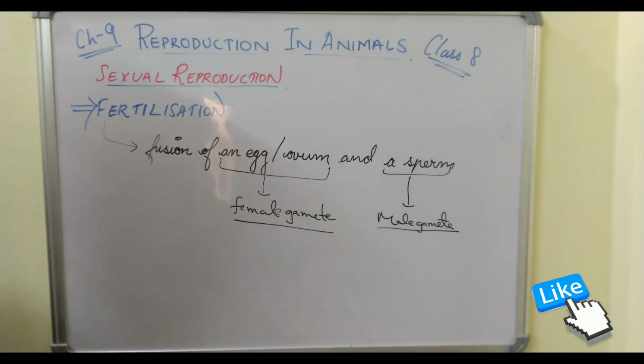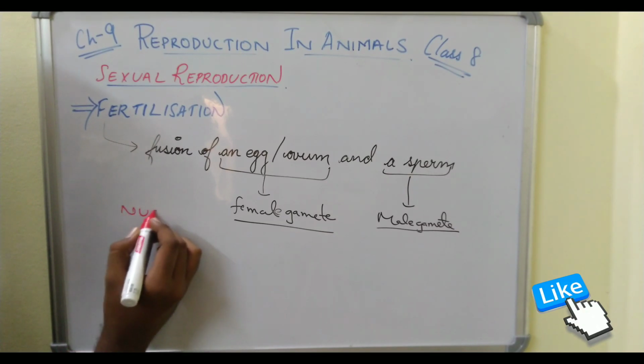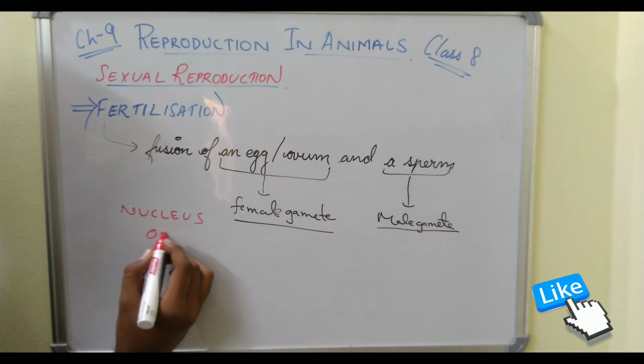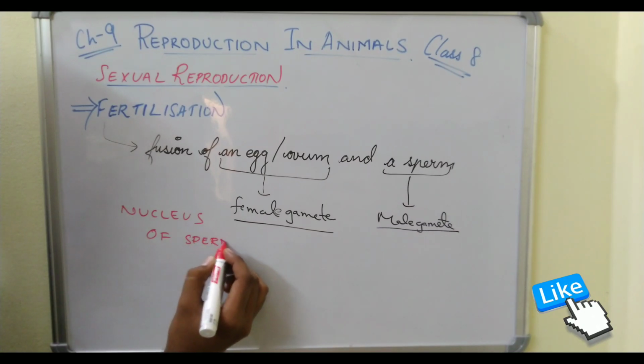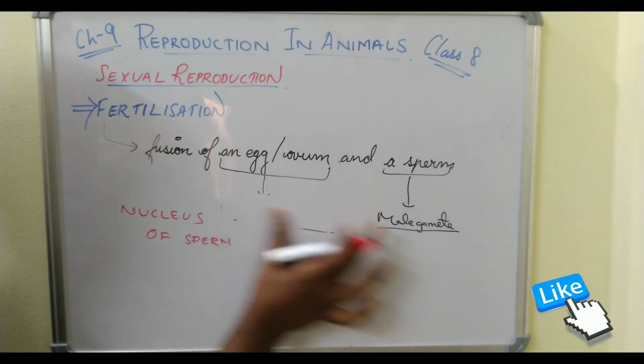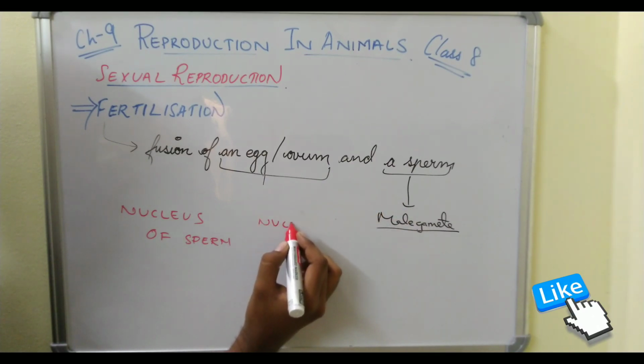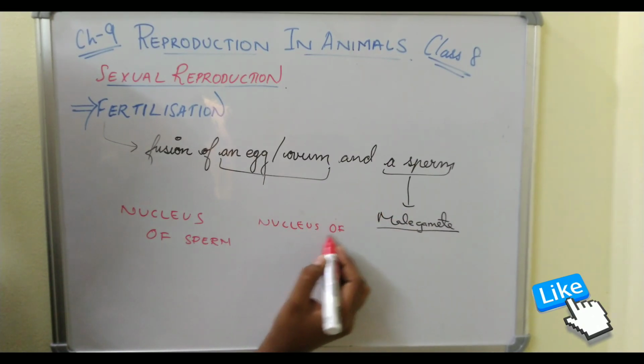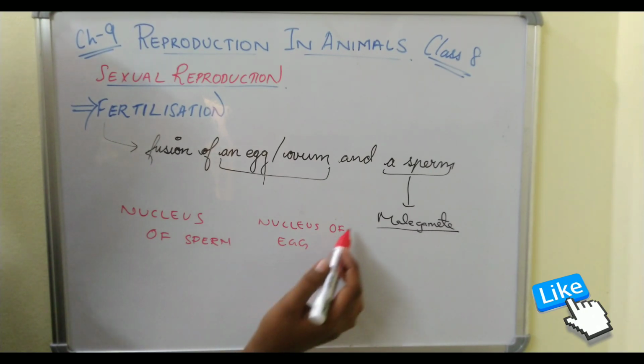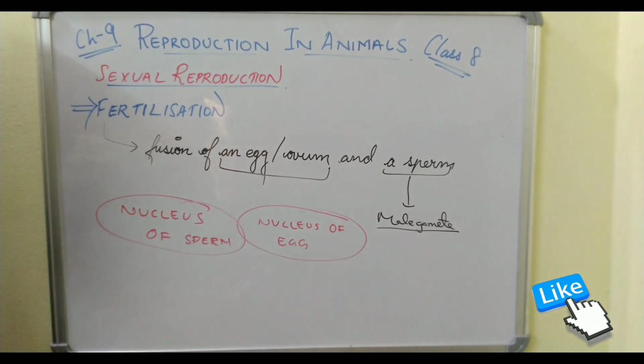So what happens during fertilization? When the egg and the sperm meet and fusion takes place, the nucleus of the sperm and the nucleus of the egg fuse.